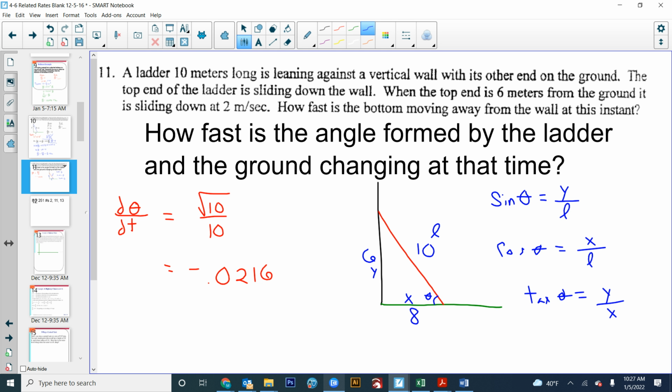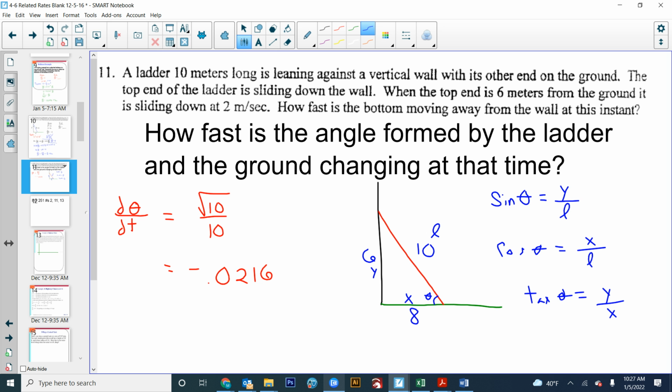L is always 10, and so whenever you take the derivative, dL/dt will be 0, because the length of the ladder is not changing, and that will simplify your derivative quite a bit. Does that make sense? Because with the tangent one, you have to use the quotient rule, and you're going to get a dy/dt and a dx/dt, which adds more complexity.